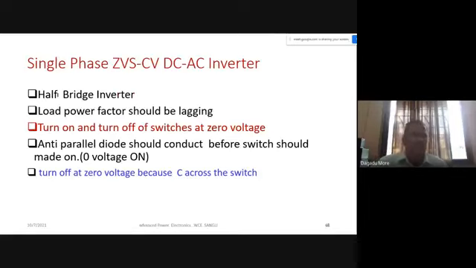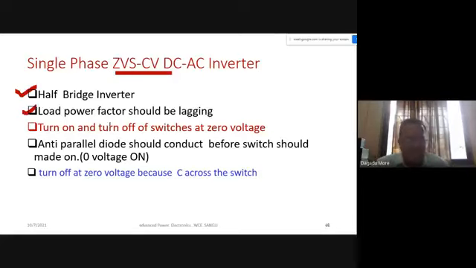We'll just summarize here. We have discussed the half bridge inverter, where anti-parallel diode and capacitor are connected, and we have seen the role of the diode and capacitor during the operation. Particularly for this ZVS CV, our load should be a lagging power factor, and that will be a normal case.